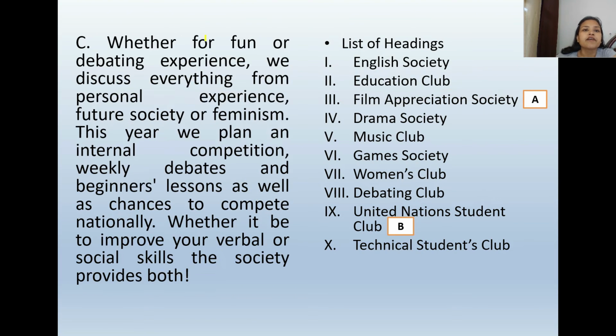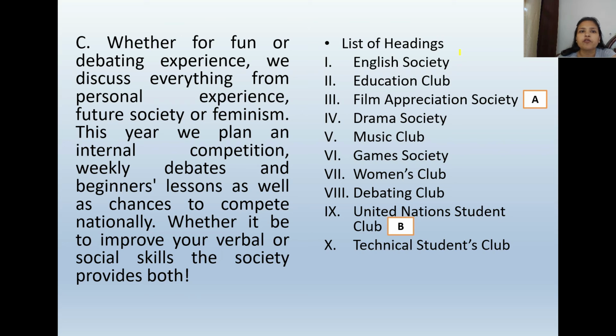Next one: whether for fun or debating experience, we discuss everything from personal experience, future society, or feminism. This year, we plan an internal competition, weekly debates, and beginners' lessons, as well as chances to compete nationally, whether it be to improve your verbal or social skills. The society provides both.